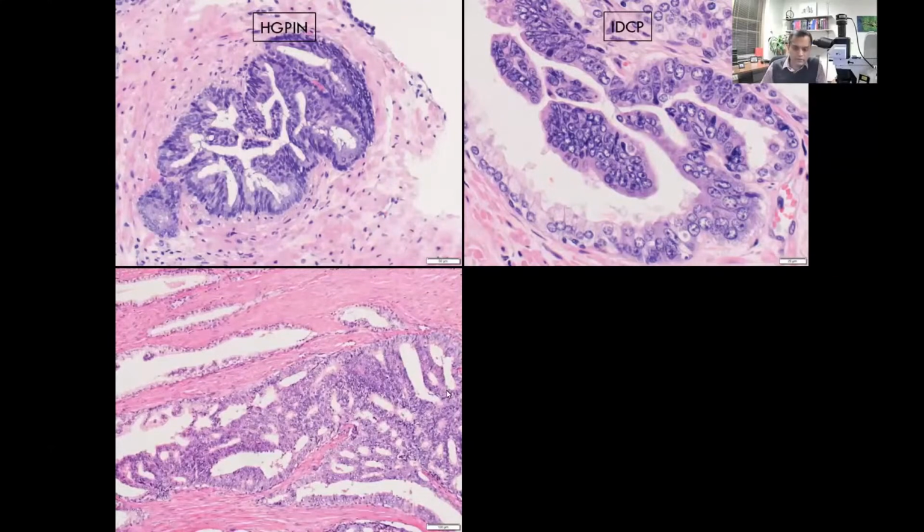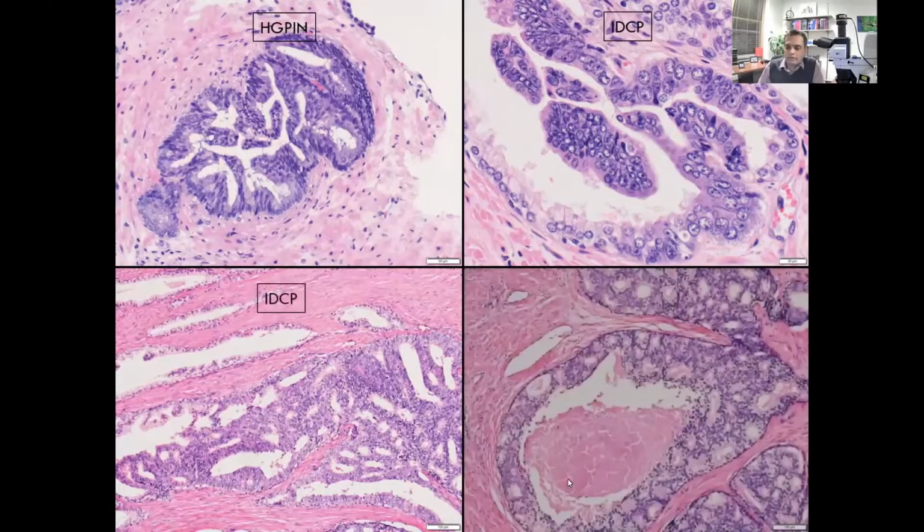In this case, this would be an intraductal carcinoma, or at least an atypical intraductal cribriform proliferation, which is higher than a high-grade PIN. Or, as I said before, you need to see necrosis. So this comedo type of necrosis within the duct. You can see that's still within the duct because there is still this basal layer.